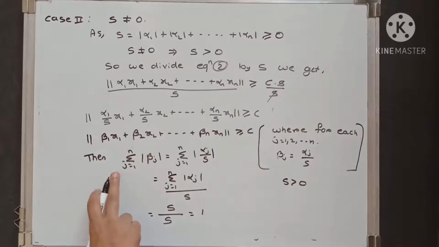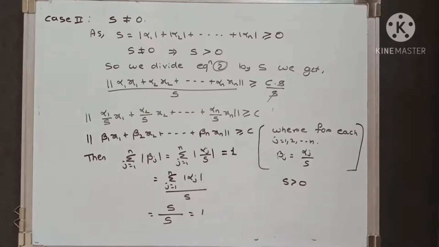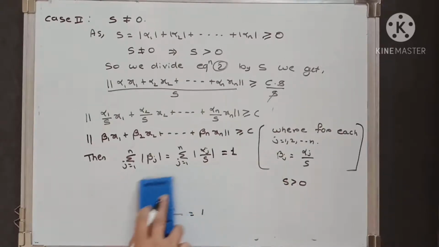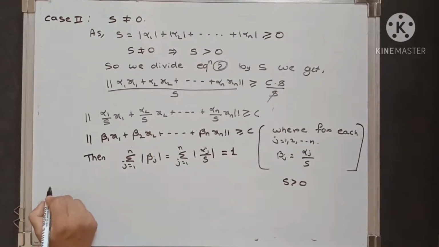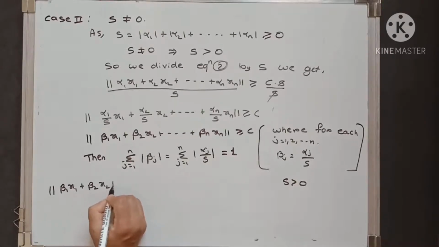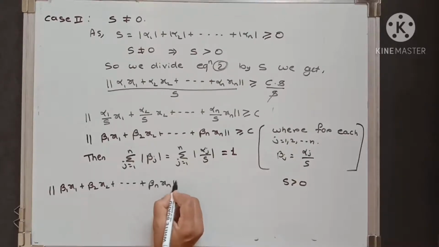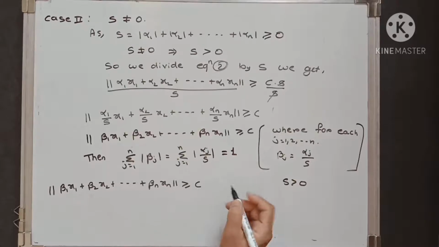Therefore summation j from 1 to n of mod of beta j equals 1. Thus equation 2 becomes norm of beta 1 x1 plus beta 2 x2 up to beta n xn, that is greater than or equal to c.